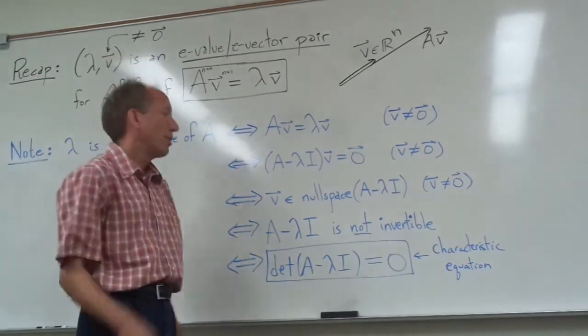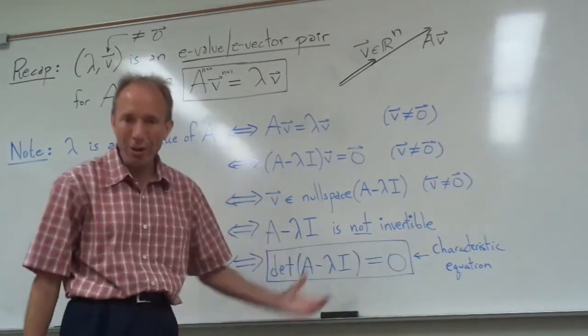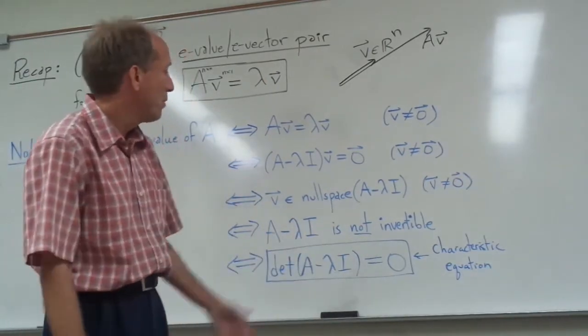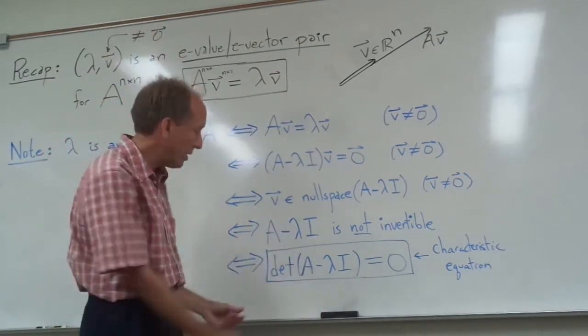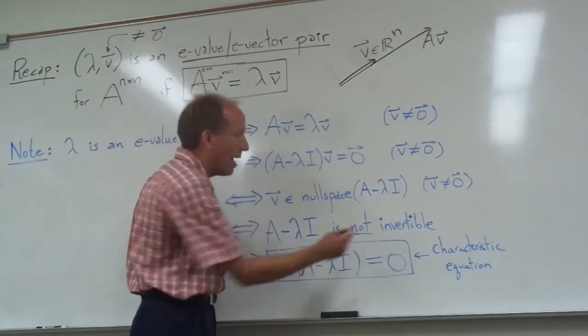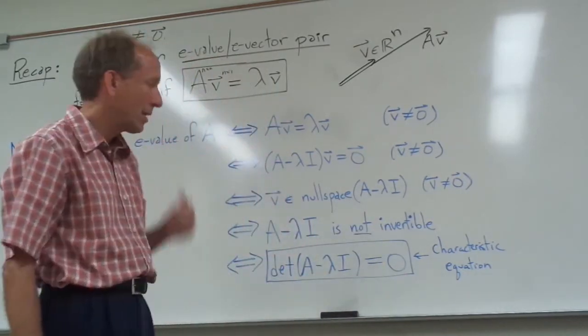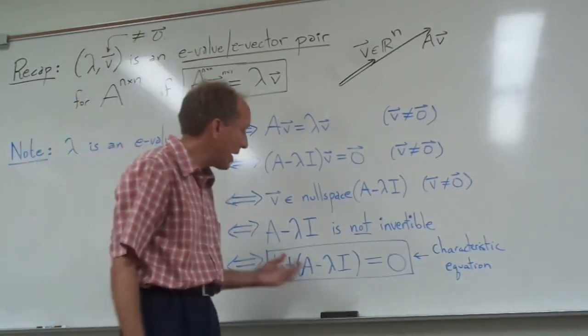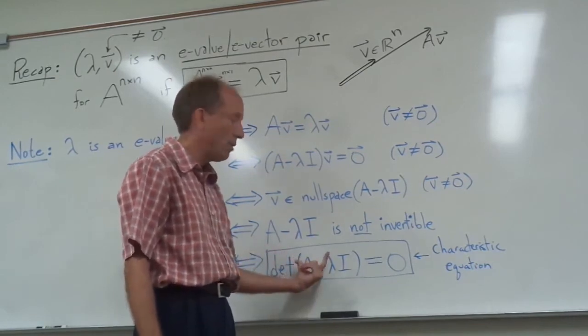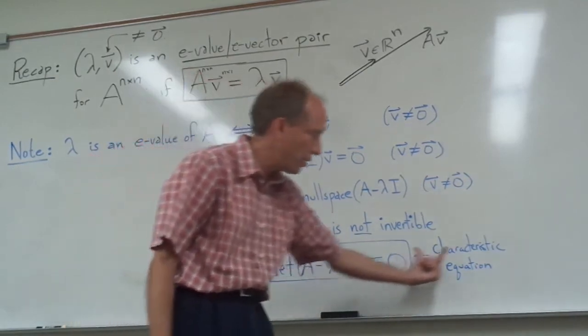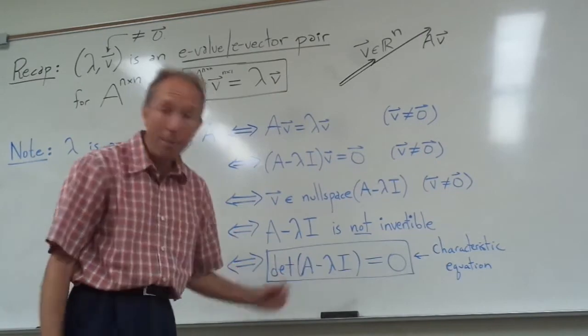And of course, going back to our way of checking for invertible matrices, we use the determinant. The determinant of A minus lambda I for a non-invertible matrix would be 0. So the way you find your eigenvalues is you solve this characteristic equation, as it's called, for lambda.